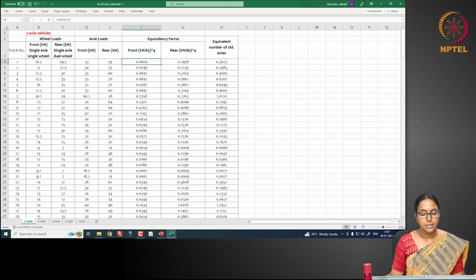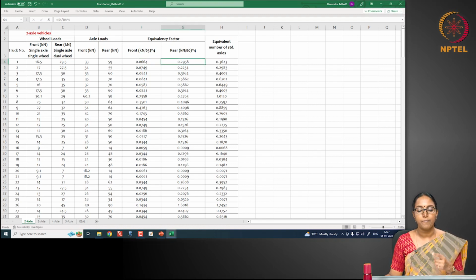The front axle is a single axle single wheel load, so its standard axle load is 65 kilonewton, and the equivalency factor is the load divided by 65, raised to 4. For each one of these trucks, so this is truck number 1, you find the equivalency factor for the front axle as well as the equivalency factor for the rear axle.